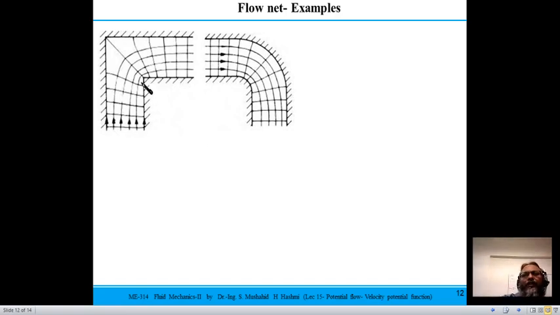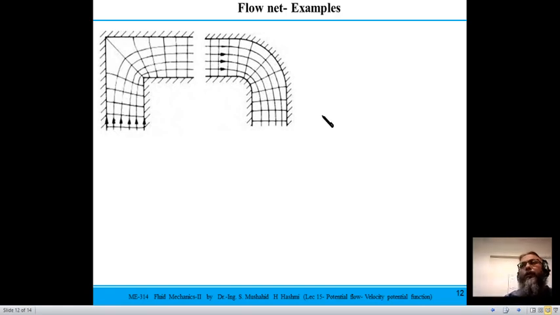If you replace this sharp edge with a curved edge, you get a better distribution of the velocity. This is what we usually do. We always avoid sharp turns, and we have round turns so that the velocity doesn't change appreciably.